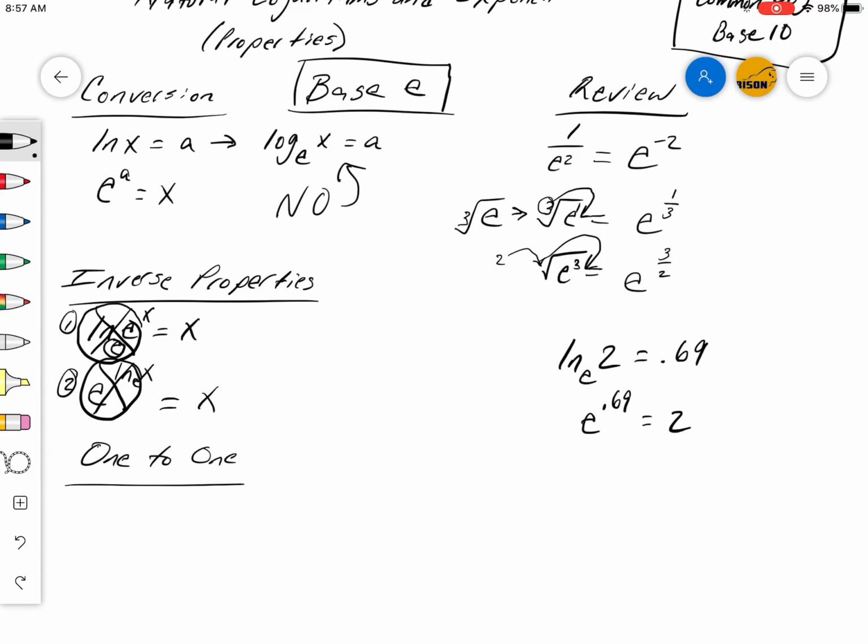Last thing we got is the one-to-one. Look, I don't need to do very many examples on these because they're the exact same thing as the logs that we did yesterday, so you should be good moving forward. The last one is the one-to-one properties. If the natural log of x is equal to the natural log of y, okay, that must mean that x equals y, for the same reasons that the log did yesterday.